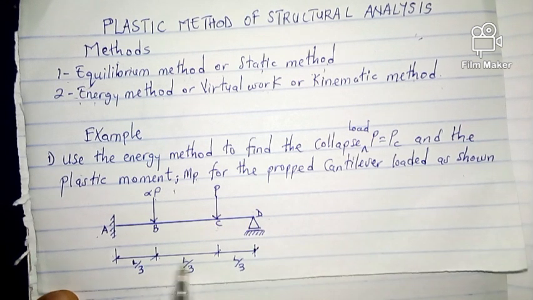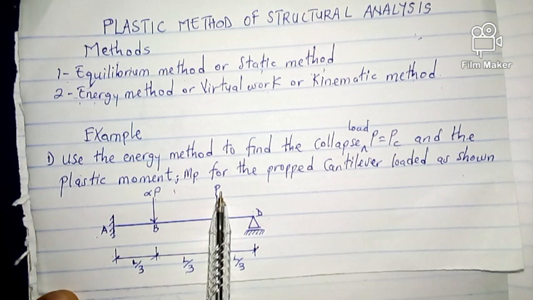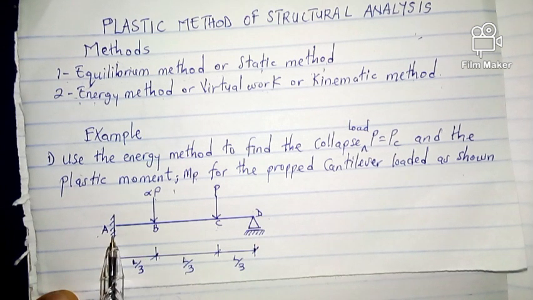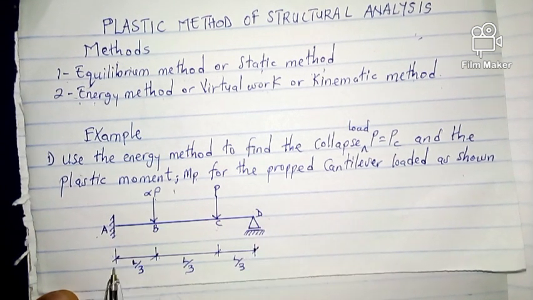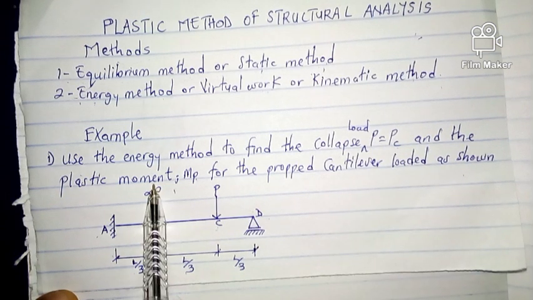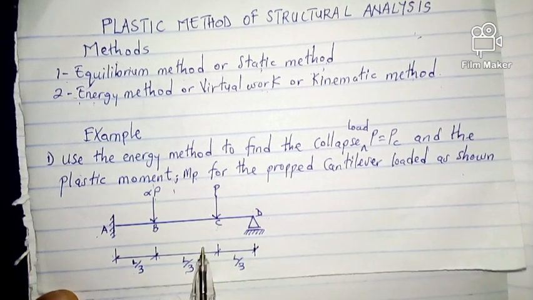So this is our propped cantilever, where you have the loads alpha P and P loaded on it. The propped cantilever has two supports, one fixed and the other a roller, and the distances from A to B is L over 3, B to C is L over 3, and C to D is L over 3. Now let's go to the solution and see how to get the collapse load and the plastic moment for this propped cantilever.